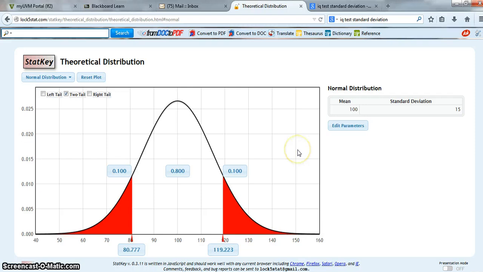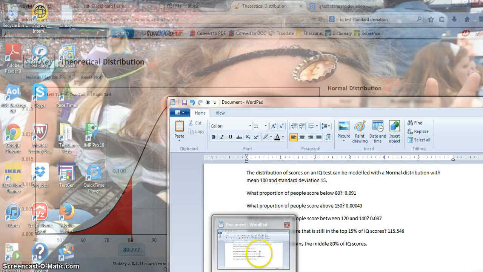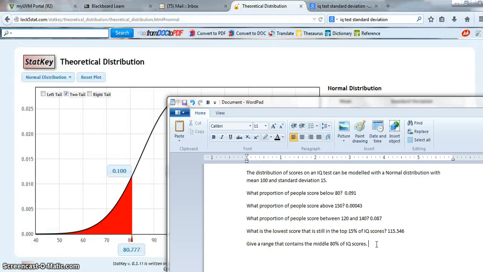And once I do that, you can see I've got 80% in the middle, 10% down below, 10% up above, and it gives me the cutoff values that give me 80% in the middle. So 80% of the scores are going to be between 80.777 and 119.223. And that's how I can find them.